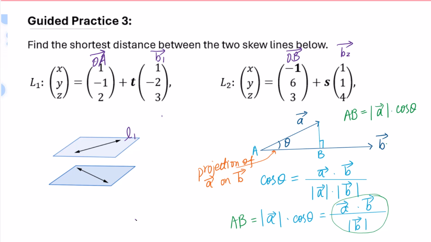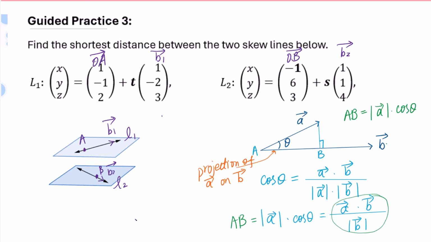This is L1, here is L2. Direction vector B1, direction vector B2. This is a point A on L1. This is a point B on L2.